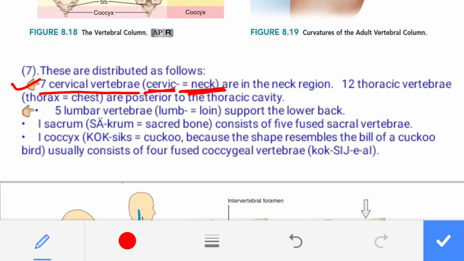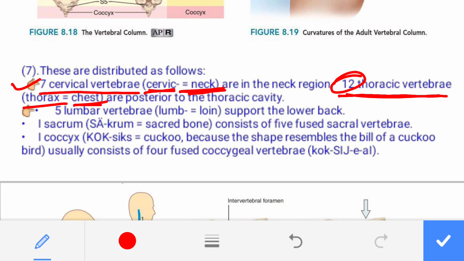Okay, then the 12 vertebra, they are present in the thorax. Thorax means our chest. So we can say the chest vertebra are known as the thoracic vertebra, and their number is 12.